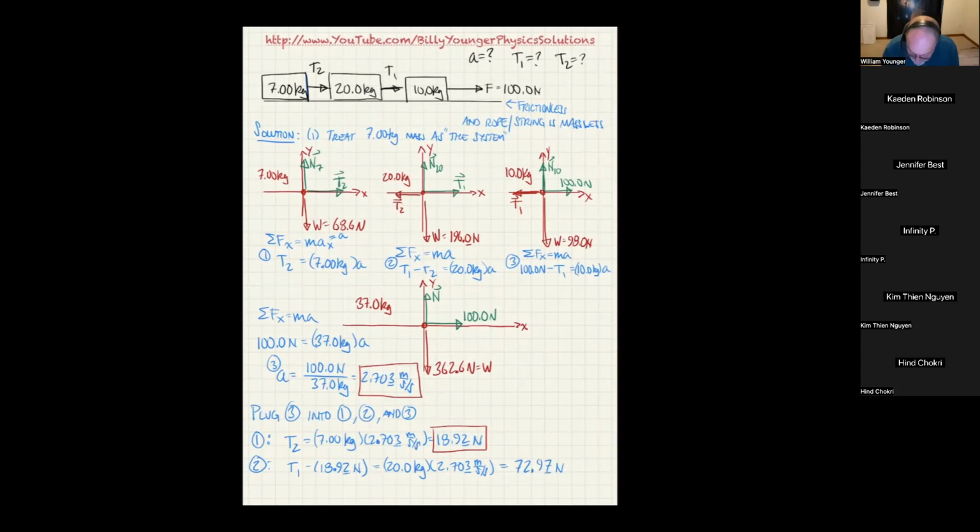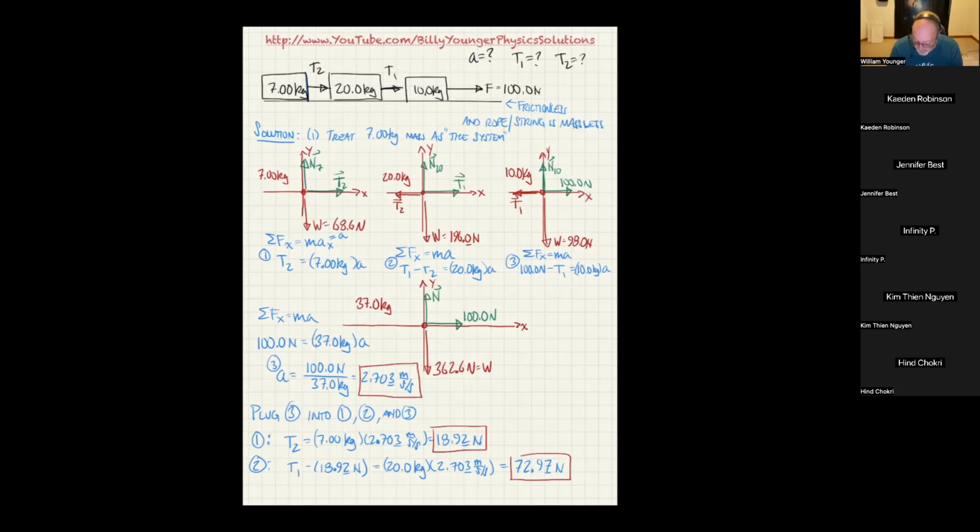Notice in this case, you need 2.703 times 20, which is the 54.04 newtons, just to accelerate the 20 kilogram mass to 2.703. Notice that means the extra 18.92 is the tension required to accelerate the 7 kilograms.